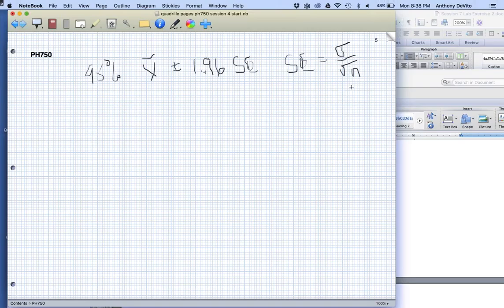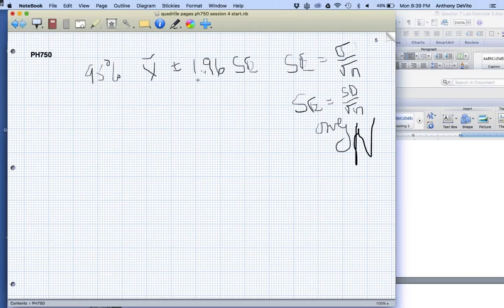If I don't know what sigma is, I'm willing to say the standard error is equal to the standard deviation of the sample over the square root of n, but only for a large sample size. So what happens if we have a small sample size?